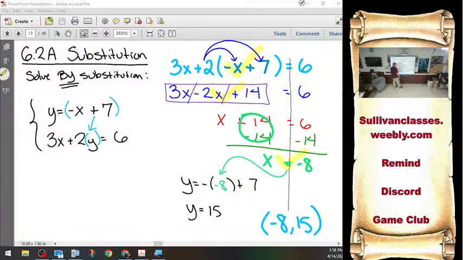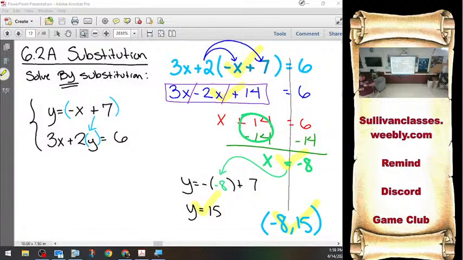Get the correct x, plug it back in to find the correct y. Do you actually have your coordinate? Okay. So it's kind of 4 for the process and 1 for the final answer.